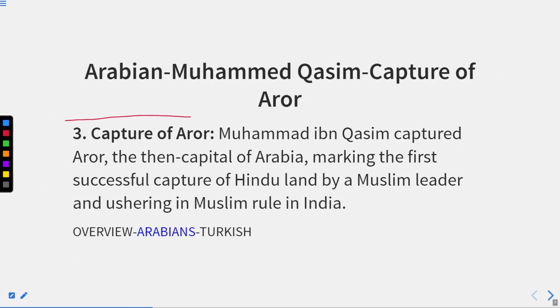Thereafter, the third part we have is the capturing of Arur. Muhammad ibn Qasim captured Arur, then capital of Arabia. Okay, making the first successful capture of Hindu land by a Muslim leader, and ushering in Islam in India. So basically when Muhammad Qasim was expanding his military endeavors into the territory of India, thereafter they captured Arur.